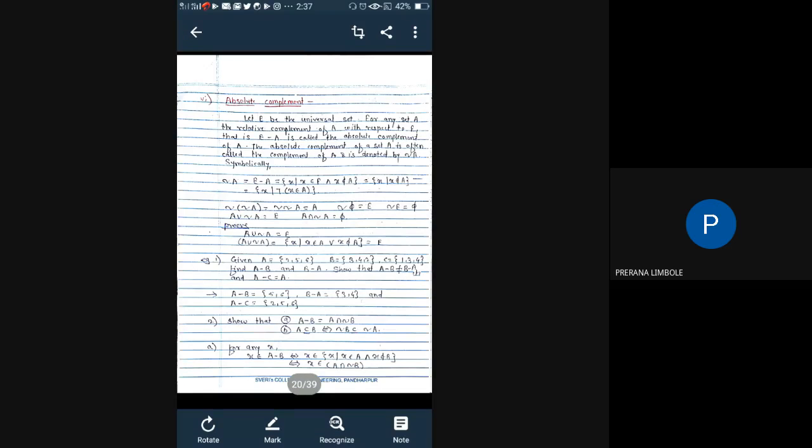Okay. So in the relative complement we have seen A minus B means what? All the elements those are in A but not in B. So in this absolute complement we are going to consider universal set, that is E. So complement of any set with respect to universal set is called as absolute complement, and that is written by E minus A. Okay.